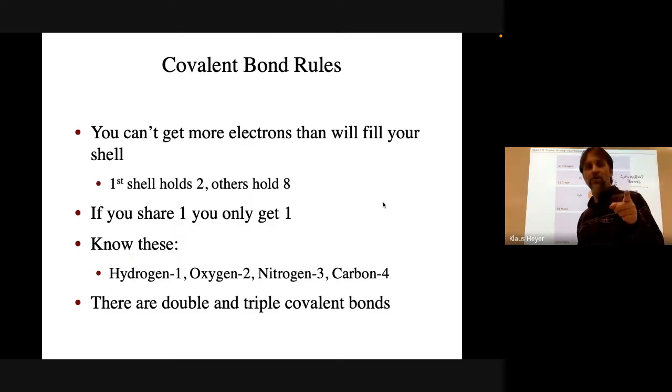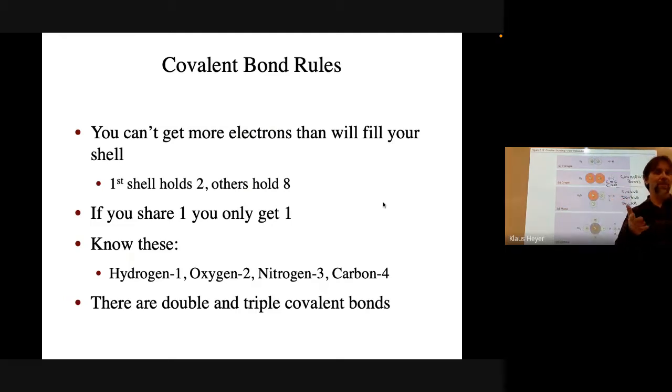So you guys watching from home, and I'm going to record this, a lot of the stuff that I'm writing on the board, I haven't set up in the lecture. So what I did is I put the same rules that I was telling you. Like the first shell holds 2, second shell holds 8. You can only share what you're going to get. And then the bonds, like carbon can make 4 bonds, nitrogen 3. I want you to know that.